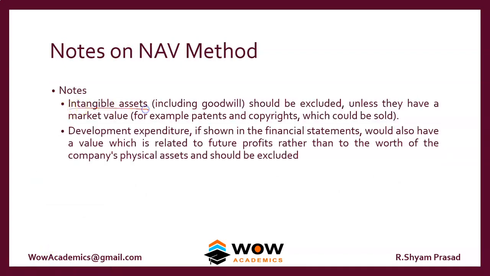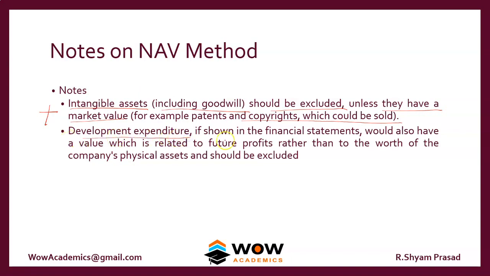So intangible assets including goodwill should be excluded unless they have a market value. For example, patents and copyrights which could be sold. Only when an intangible asset has a market value should it be included. If it's a fictitious asset, or an intangible asset generated by the company, then those kinds of intangible assets should be ignored.